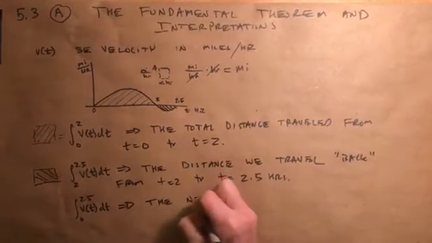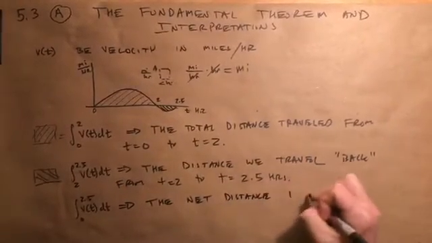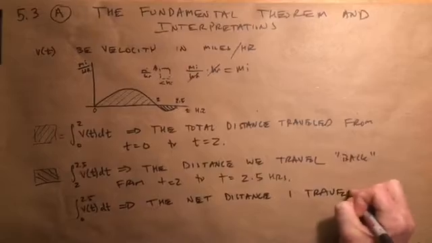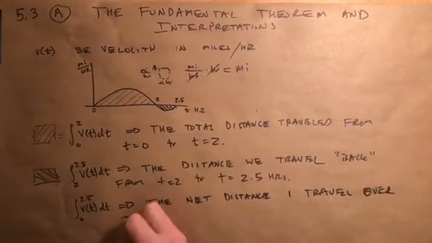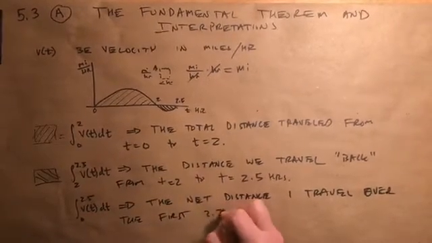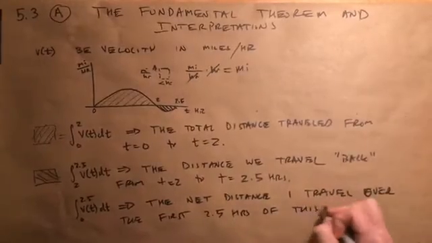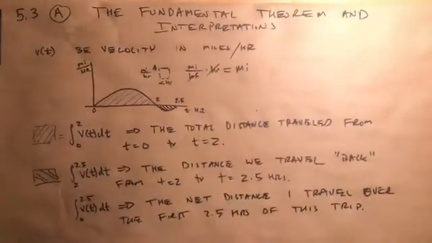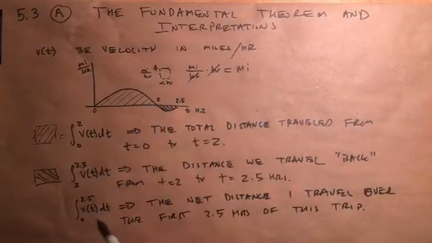The net distance I travel over the first 2.5 hours of this trip. And I'm not going to give a sign here as to what it is. You know what it is we're talking about.